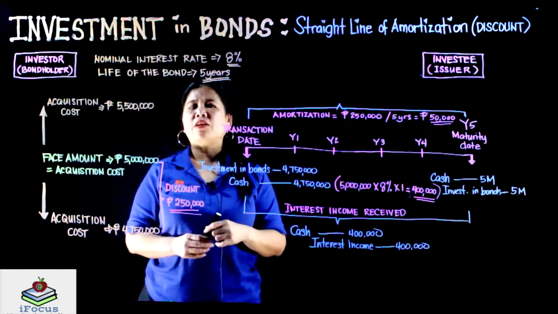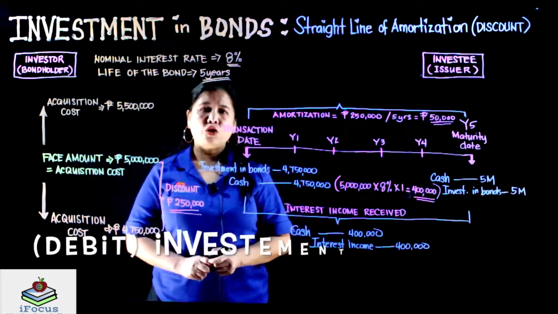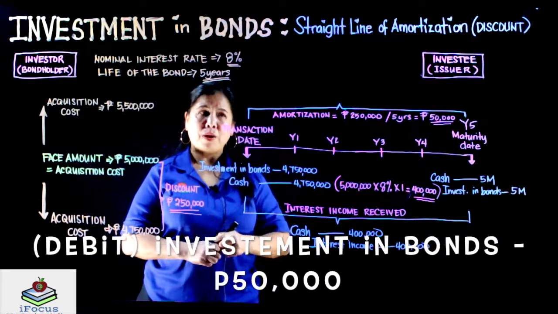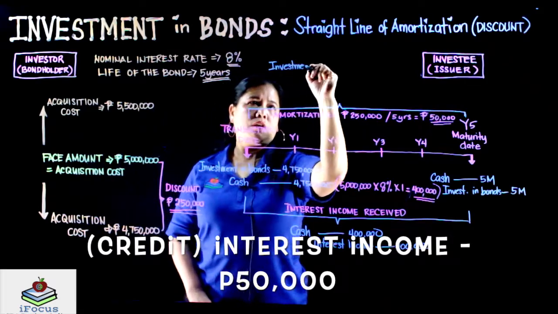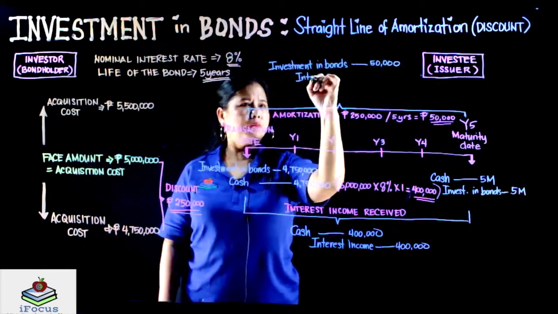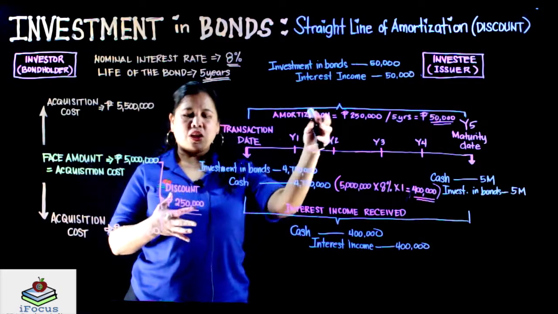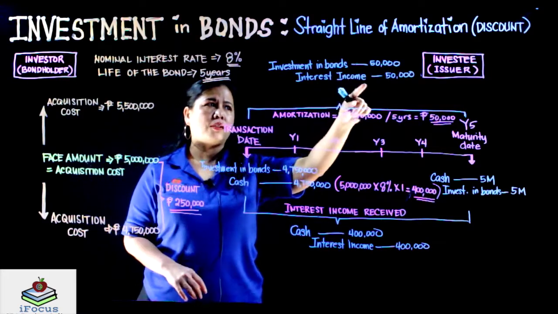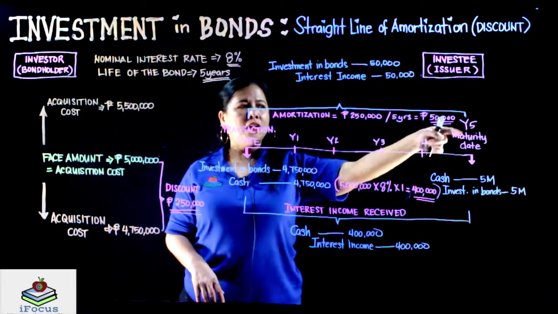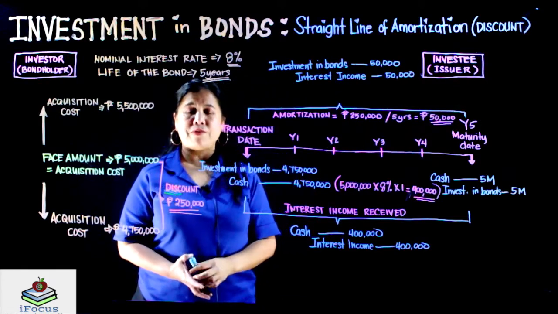And our entry for the amortization of this discount is debit to investment in bonds and credit to interest income. So, ang entry natin sa amortization of this discount is debit to investment in bonds of the 50,000 na-compute natin and credit to interest income of 50,000.